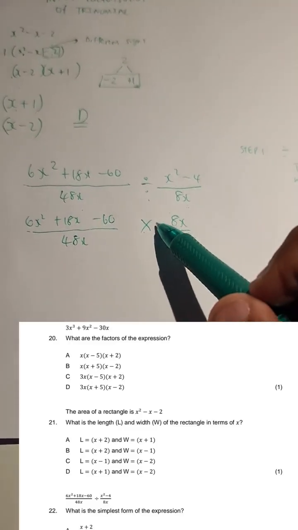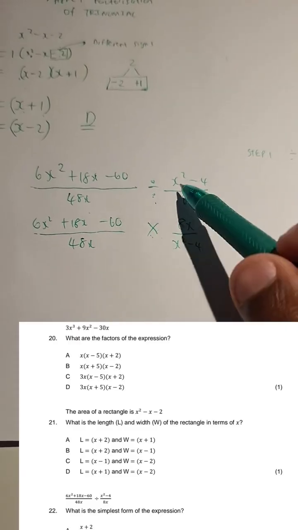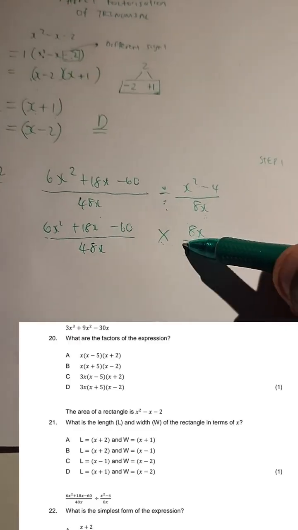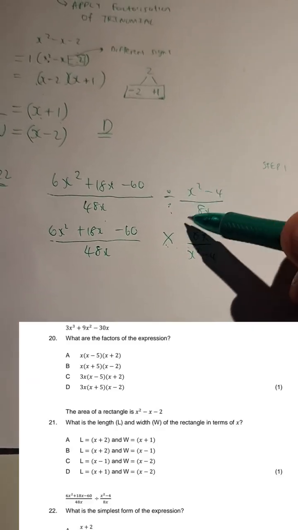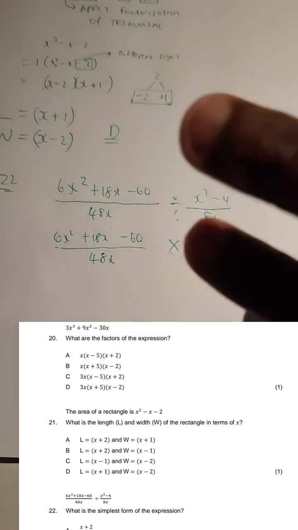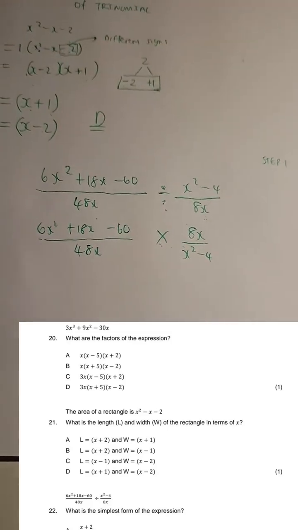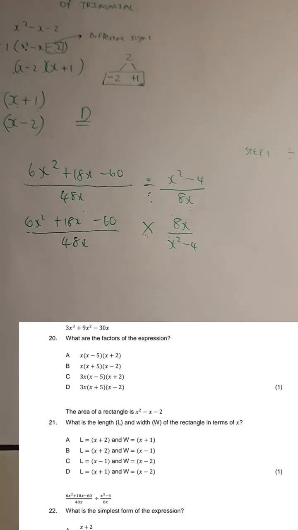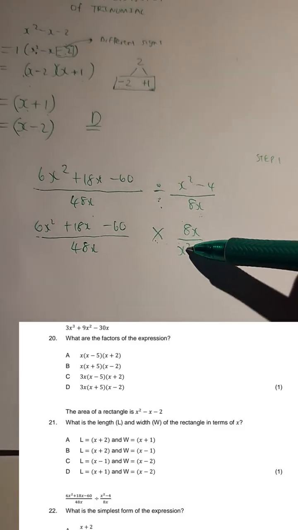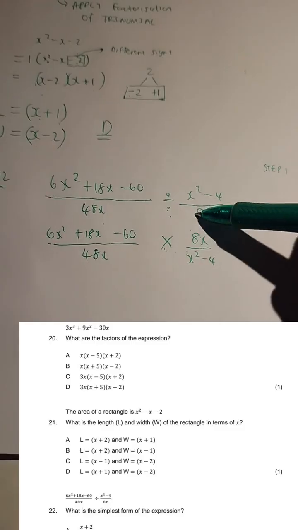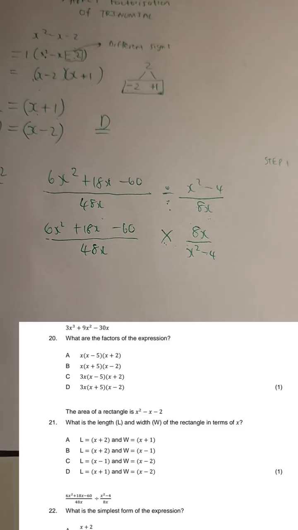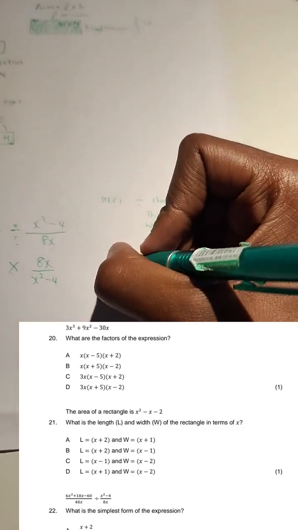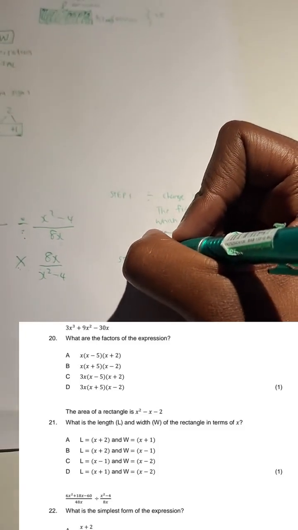You get a mark for changing division to multiplication, and then the fraction that follows the division sign inverts. So 8x now is in the numerator and x squared minus 4 is in the denominator.